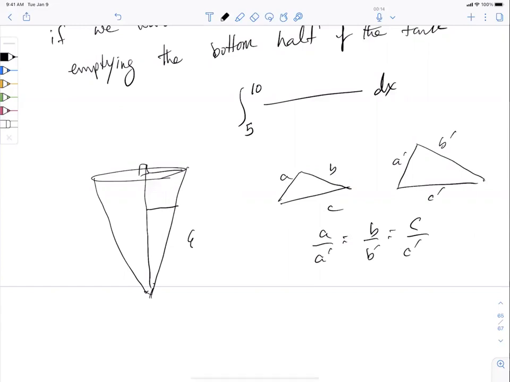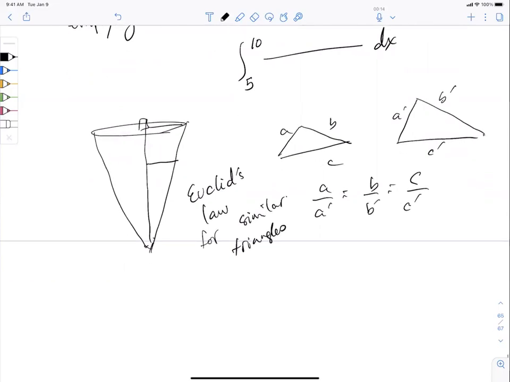That's Euclid's law for similar triangles. So the ratio of this to this is the same ratio as this to the whole thing, is the same ratio as this to the whole thing. So those don't change.